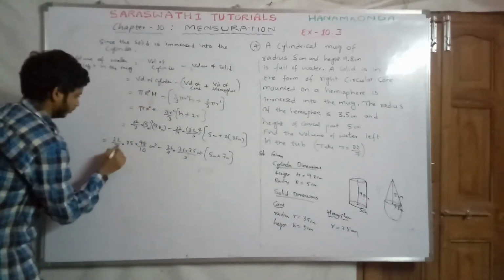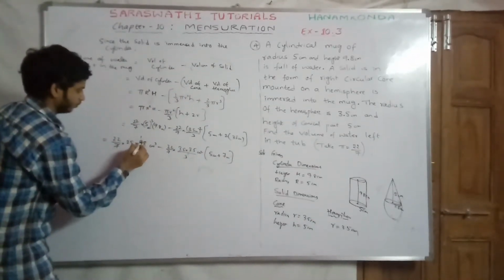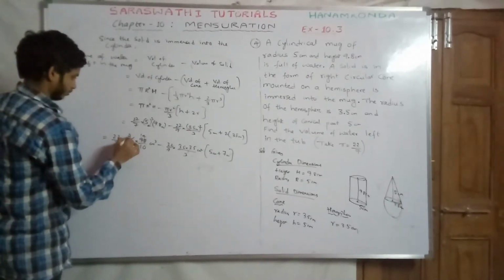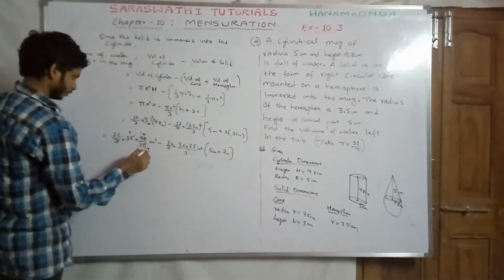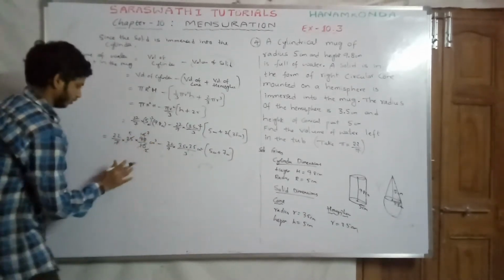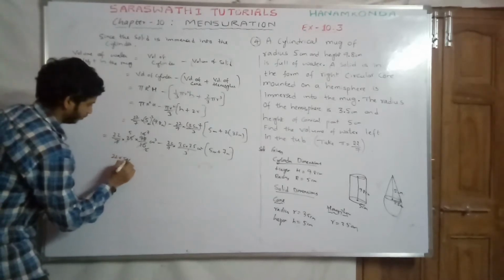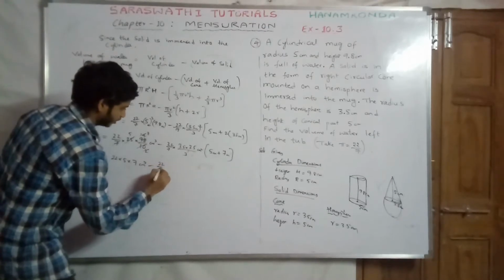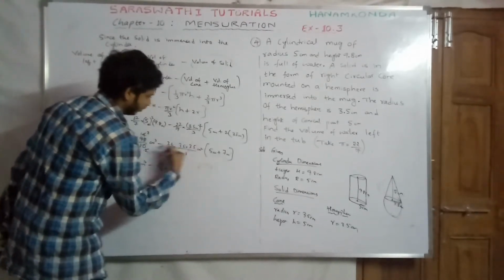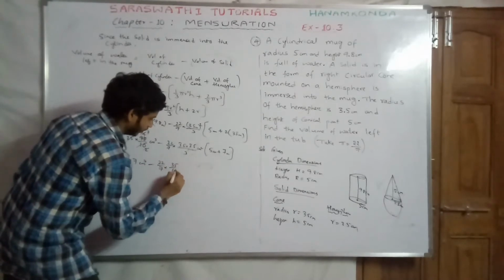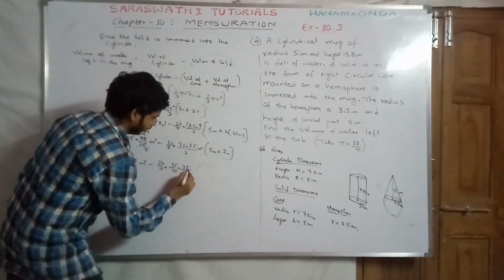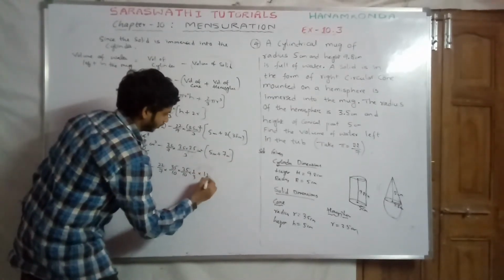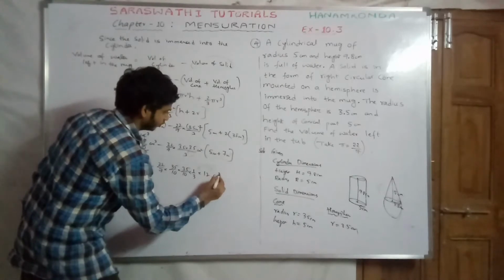Now we can cancel. 7 fours are 28. 5 plus 7 is 12 centimeters, and centimeter square times centimeter is cubic centimeters.